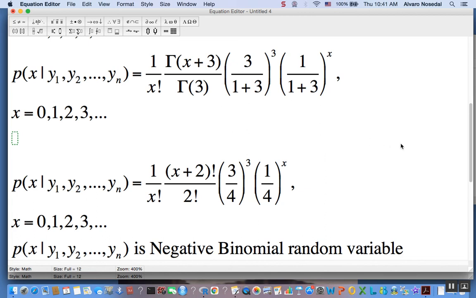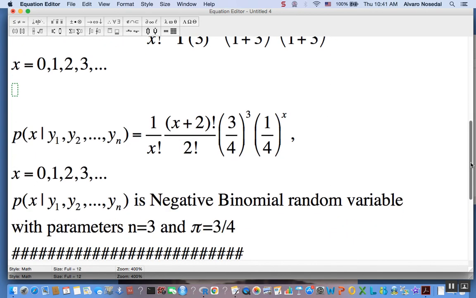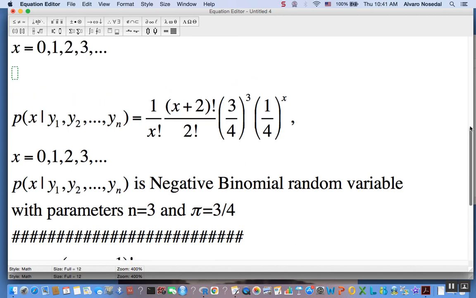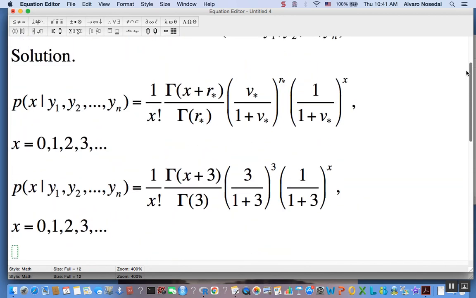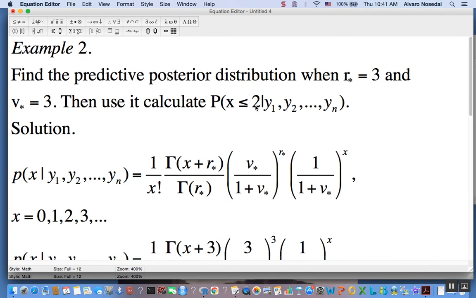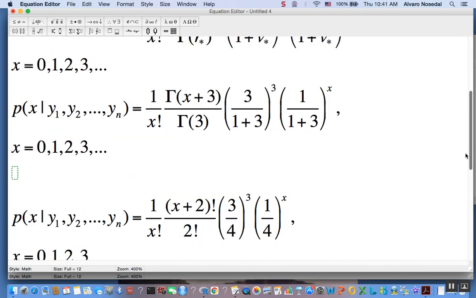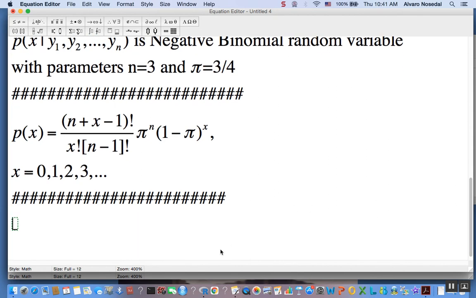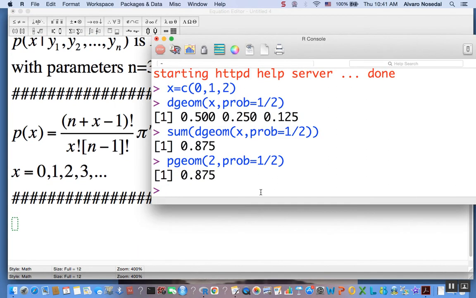All you have to do is evaluate, just like we did before, at 0, 1 and 2 to find this probability of interest. I'm going to do that directly using R. Here, let me show you.